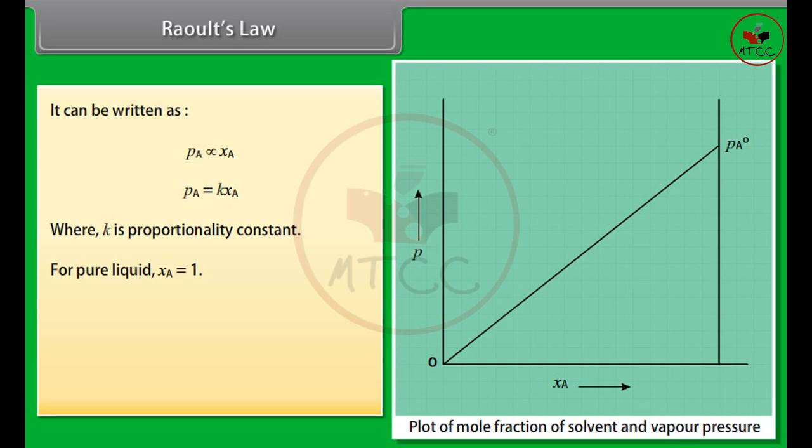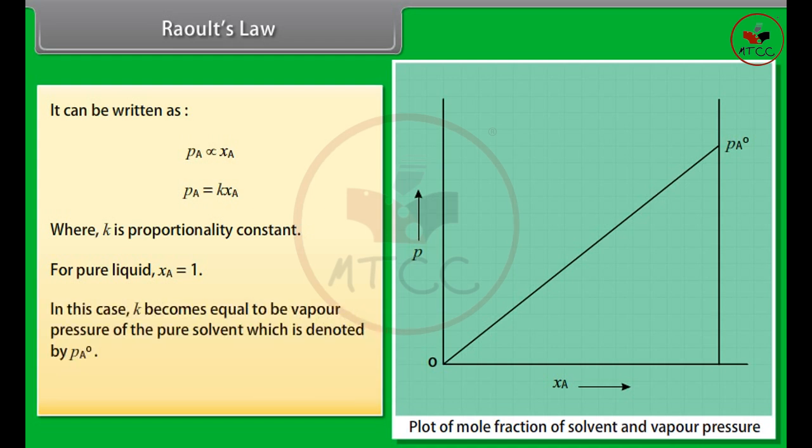For pure liquid, XA is equal to 1. In this case, K becomes equal to vapor pressure of the pure solvent, which is denoted by PA⁰. Thus, PA = PA⁰ XA. For solutions obeying Raoult's law at all concentrations, its vapor pressure would vary linearly from 0 to the vapor pressure of pure solvent.